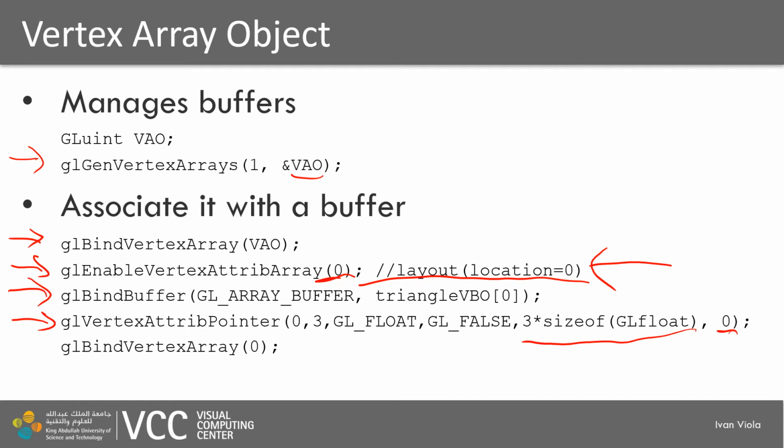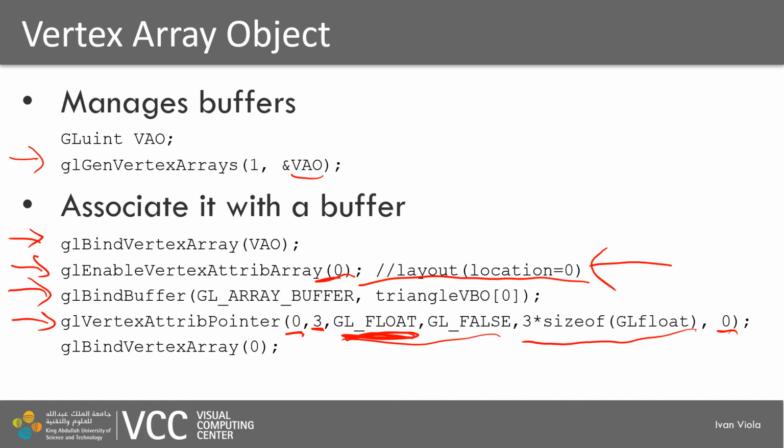There are some other settings here which are not so relevant, dealing with normalization, for example. The other one is the type of our positions, which float will be probably the most typical. How many elements do we have? We have 3 because we are in 3 dimensions, and location 0 is specified here.